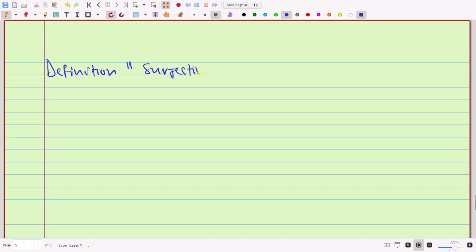So, surjective function. Now, what is a surjective function?